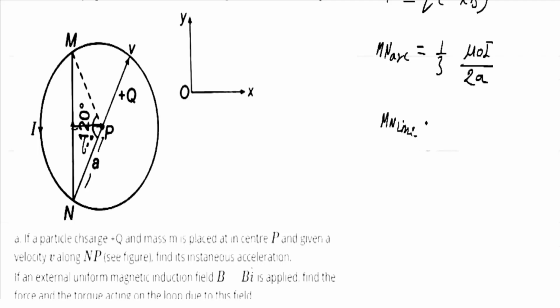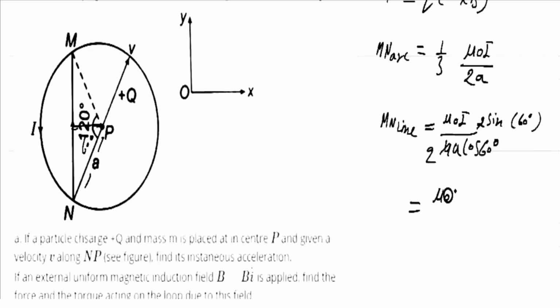So the MN line's magnetic field is mu naught I upon 4a times cos 60 degree, plus the sine of alpha plus beta, that means 2 sine 60 degree. Now we cancel the term 2, and it becomes mu naught I upon 2a tan 60 degree, with tan 60 equal to root 3. This direction is inward.